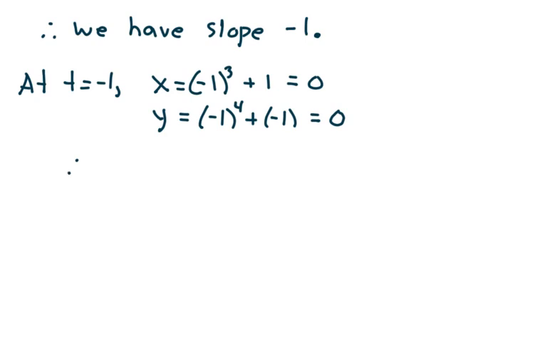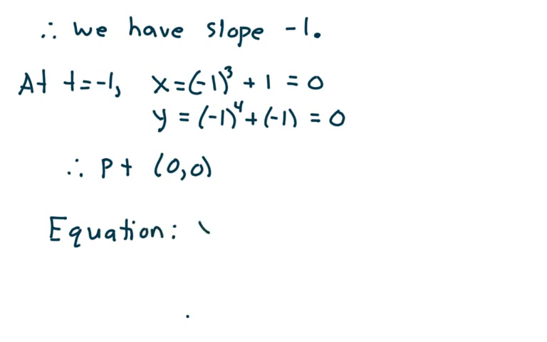So therefore, my point is 0, 0. And when you have a slope of negative 1 at the point 0, 0, I could find my equation very quickly. So my equation is y equals negative x. And that's how you do example 5.